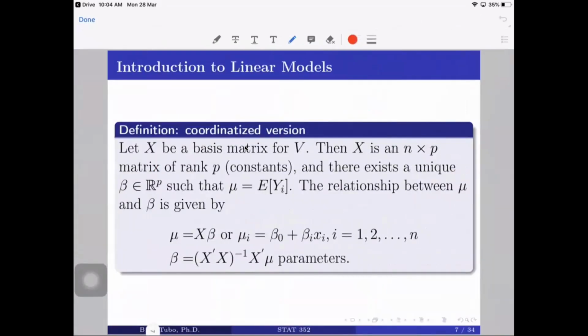So in contrast with the coordinatized version, the coordinatized version is with respect to a basis matrix for V. So we let X be a basis matrix for V, then X is an n by p matrix of rank p. So when we talk about the rank, the rank of X will be the minimum between n and p.